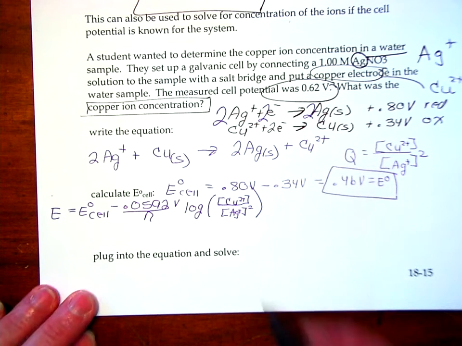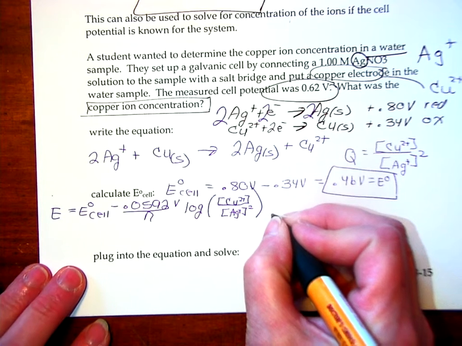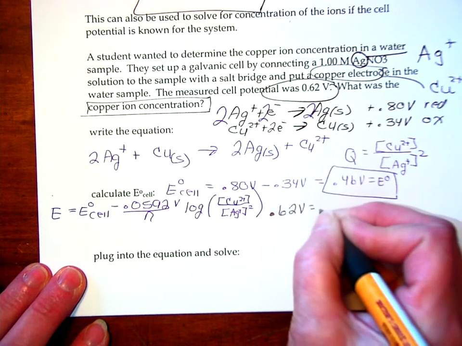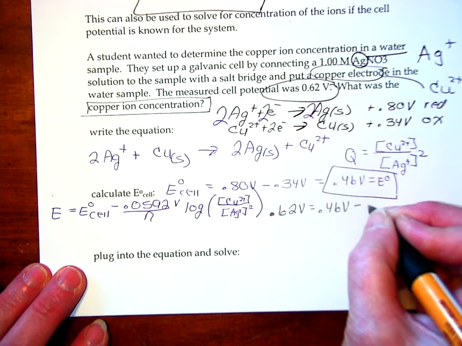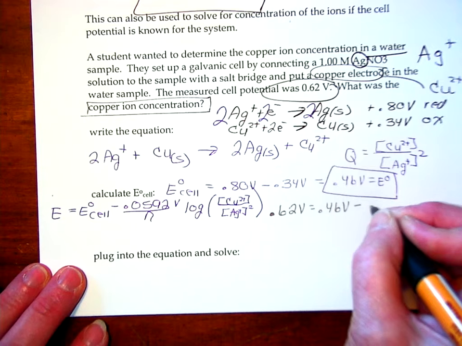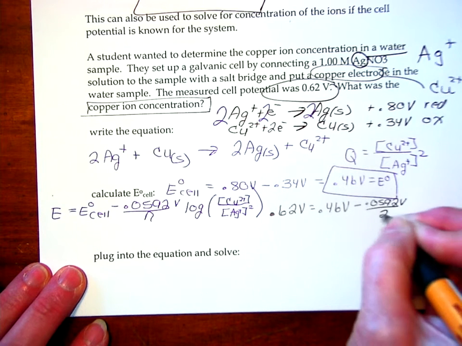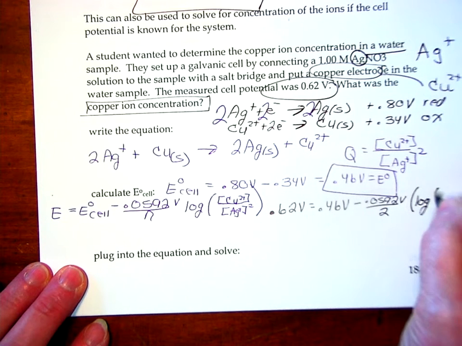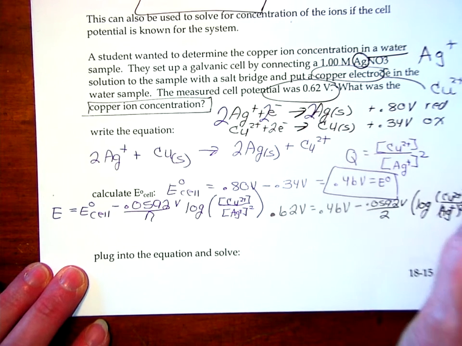I plug in all my numbers and start to do the math. So my measured cell potential, 0.62 volts, is equal to my standard cell potential, 0.46 volts, minus 0.0592 divided by 2, times the log of Q, which is the copper concentration divided by the silver concentration squared.